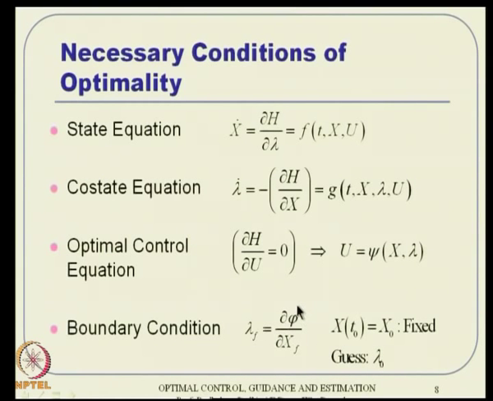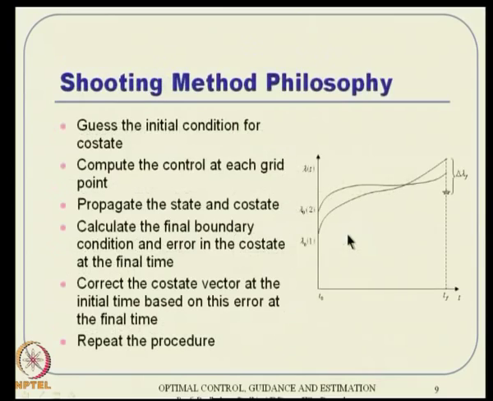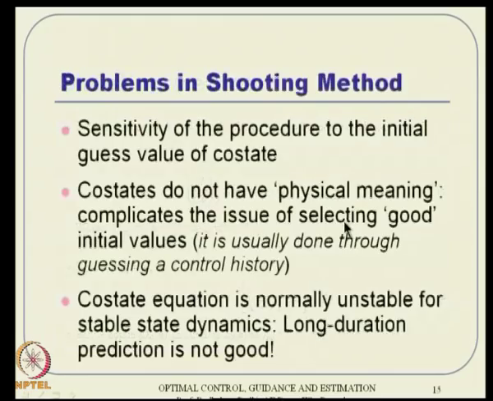Once you have lambda f, and the state trajectory and control trajectory are available for the entire duration, you can integrate backwards and get the entire lambda history. Now, once you have the state history and lambda history for the entire duration, you can go back and see whether this equation can be exploited further, and if there is any error, you can correct that and keep proceeding that way. That is the whole procedure of the gradient method.